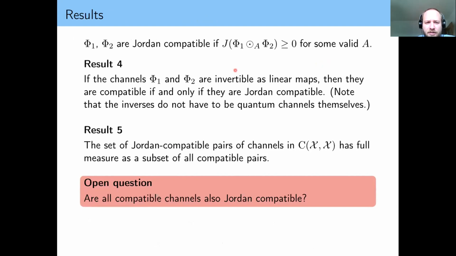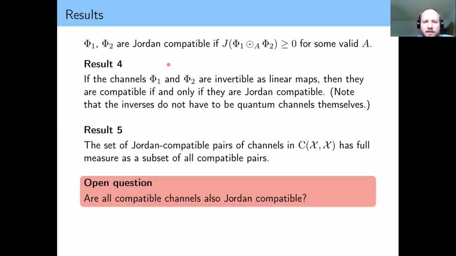We basically proved two results, and they are mostly about channels which go from one Hilbert space to the same Hilbert space. So these are channels which go from Hilbert space X to Hilbert space X, so they don't change the dimension of the density matrices.